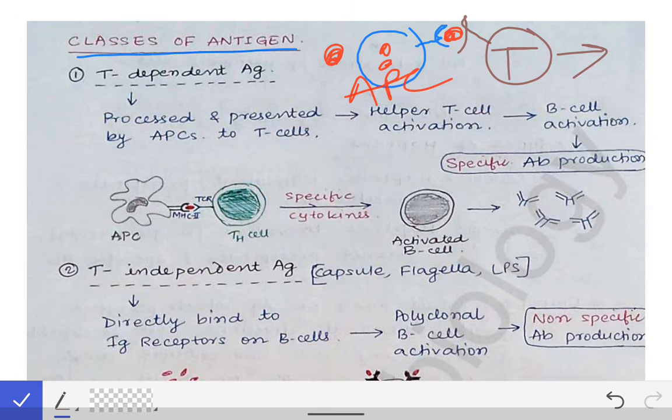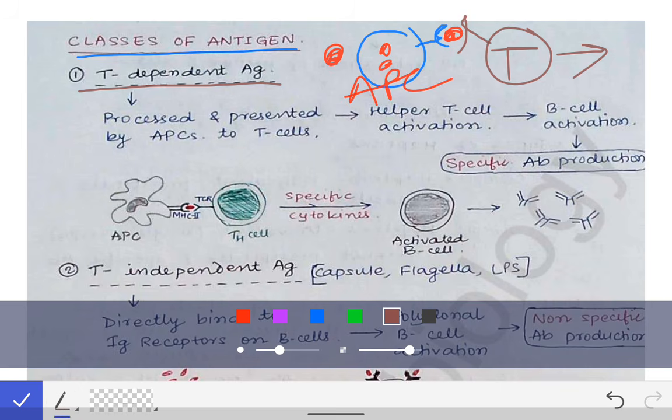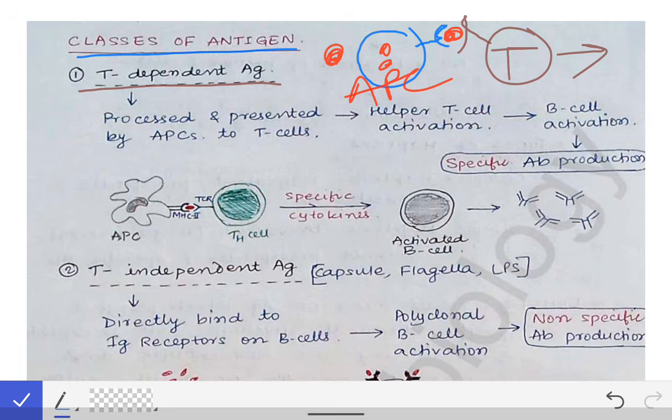So first of all, coming to the T dependent antigen. T dependent antigens are those antigens which follow all the processes. That means they will be first engulfed by the APCs, then fragmented by the APCs into different antigenic fragments. They will then be loaded over the MHC2 molecules.